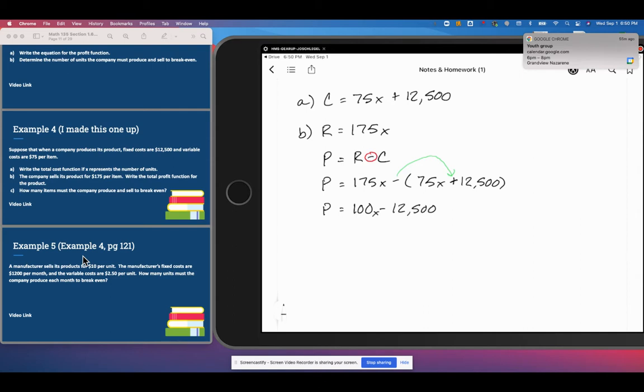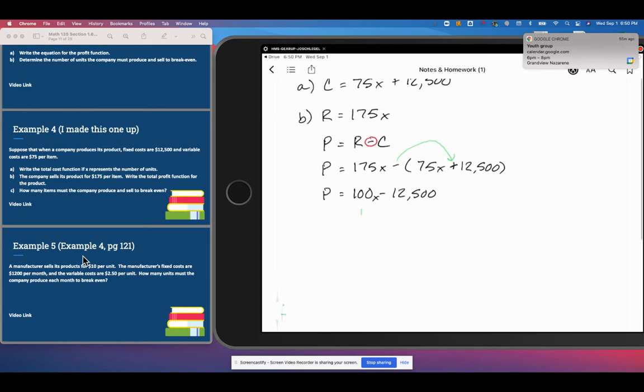12,500. And again, so what this profit function tells us is that we make 100 bucks for every item. And this right here, this is going to be a residual of our cost function. These are the fixed costs that we pay before we ever produce anything.